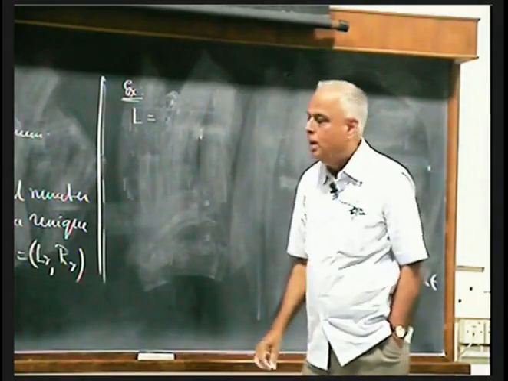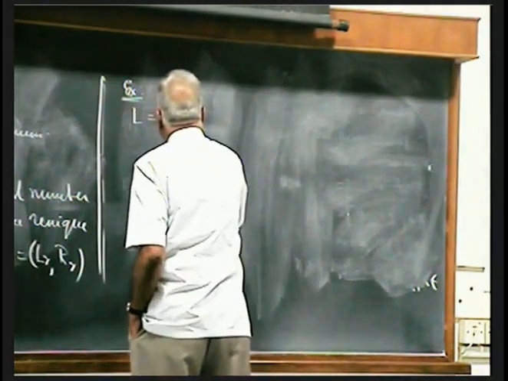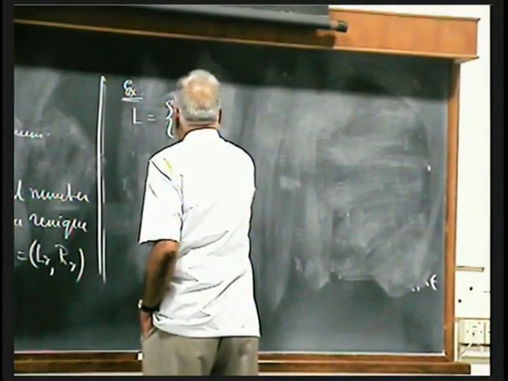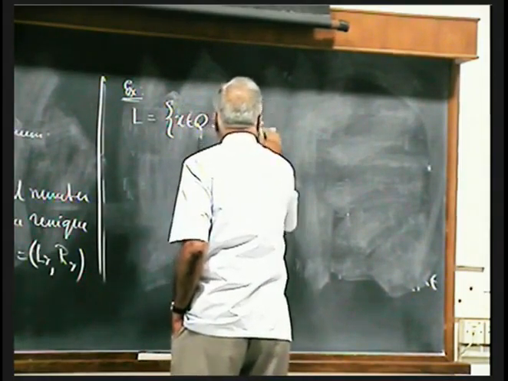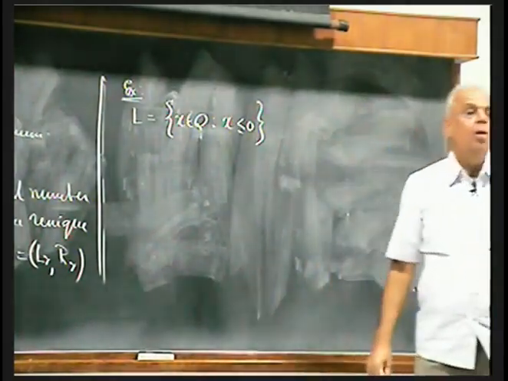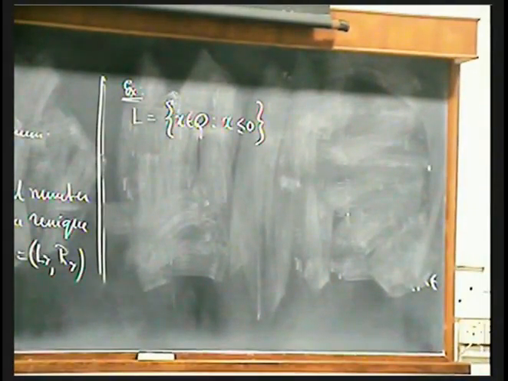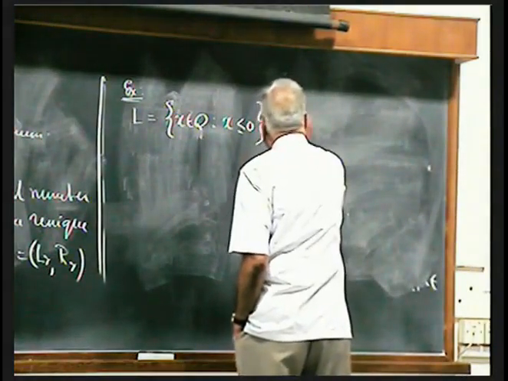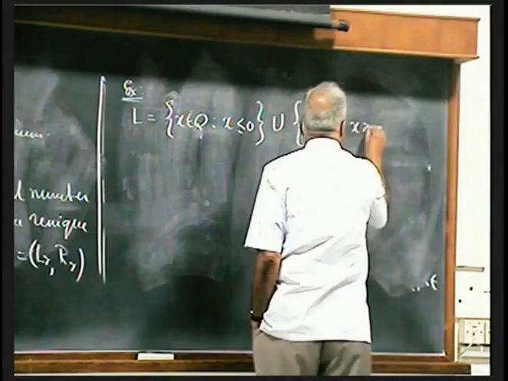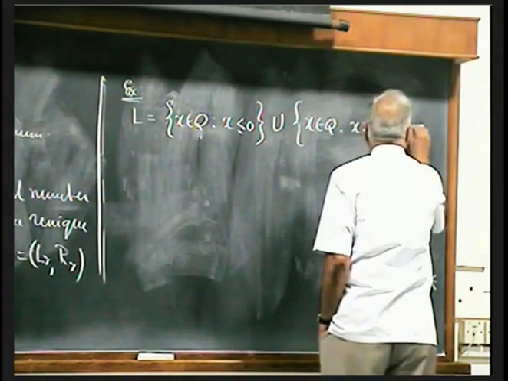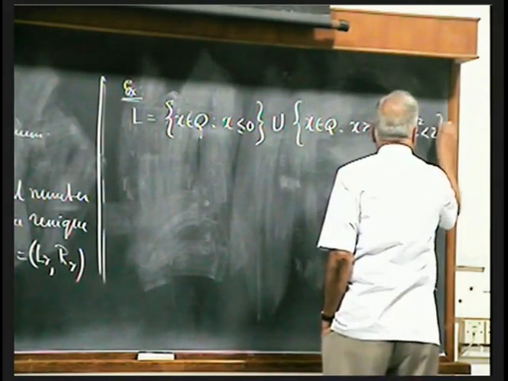L is the set of all x in Q such that x is less than or equal to 0, all the negative rational numbers, union all x in Q such that x is greater than 0 and x squared is less than 2.